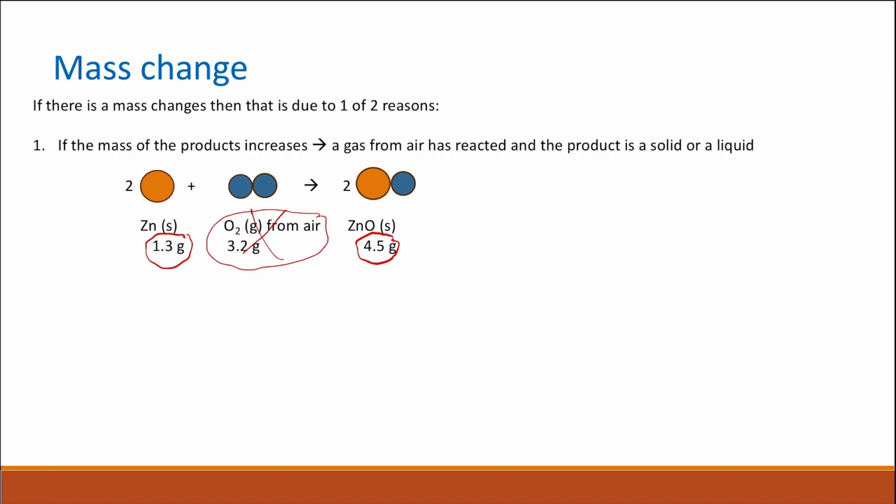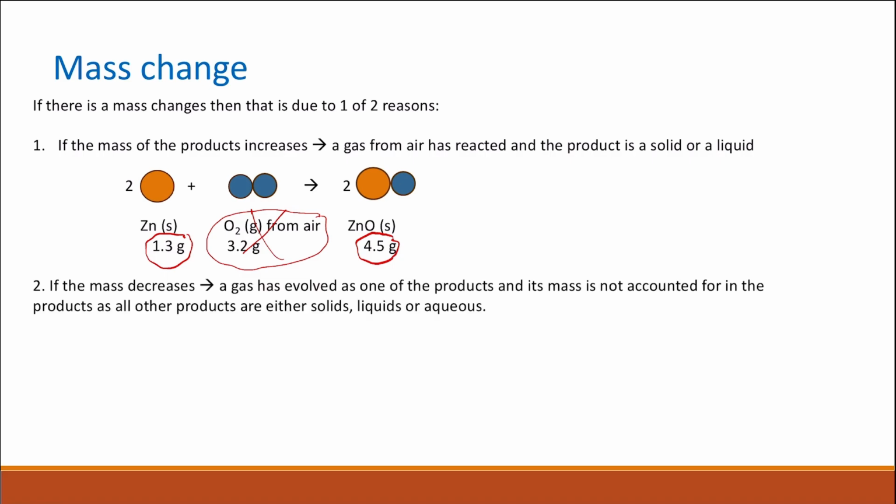So you notice that you started off with 1.3 and you ended up with 4.5. So where did the change come from? This is because actually 3.2 grams of oxygen from air reacted with zinc, and we don't account for this gas. This is why there has been a change in the mass of the product.